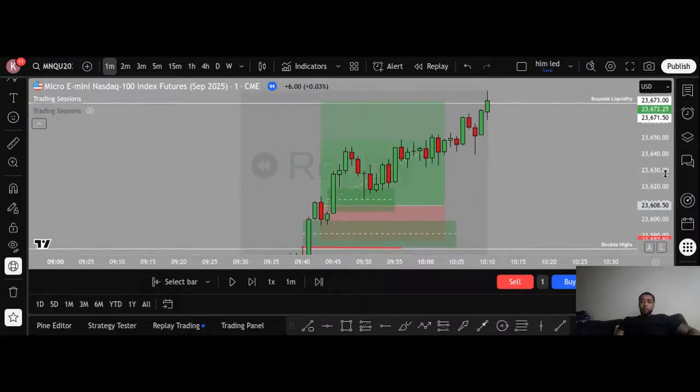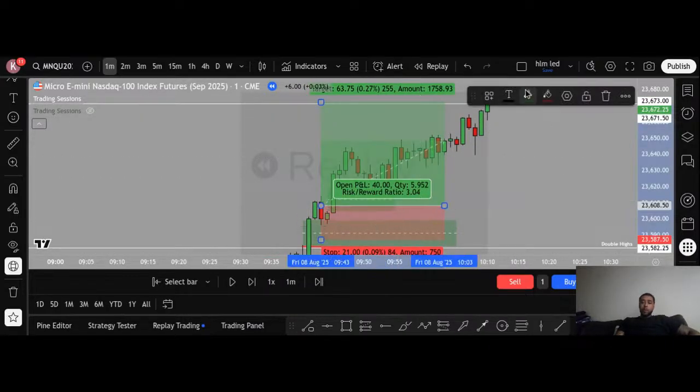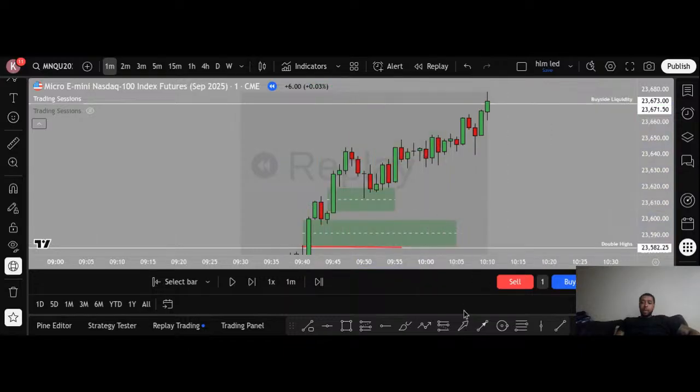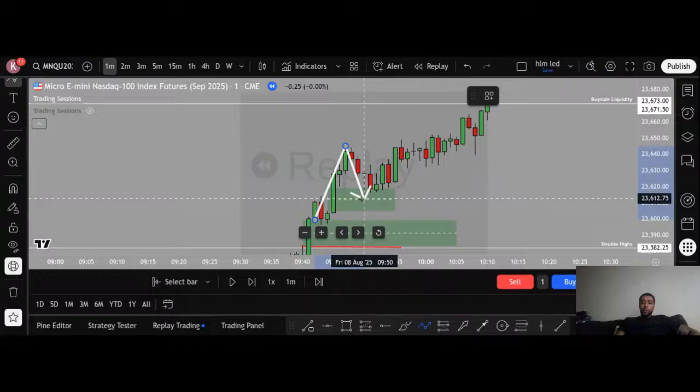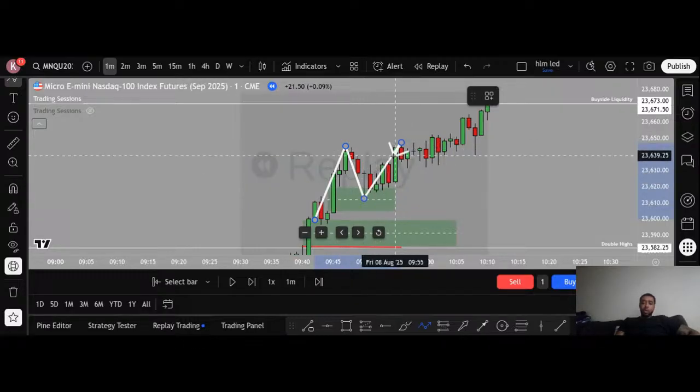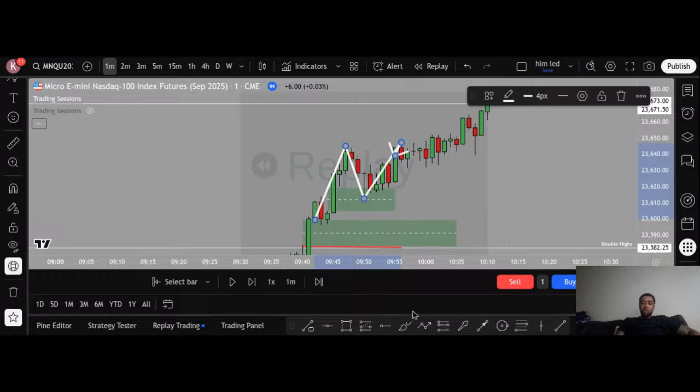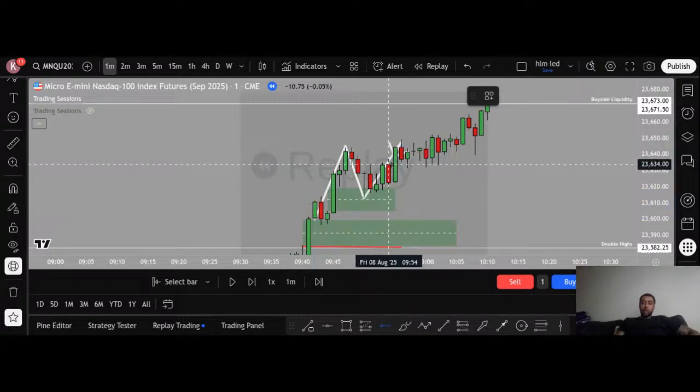TP. So you see how it's respecting the change in the state. Now we're holding this new order block right here.